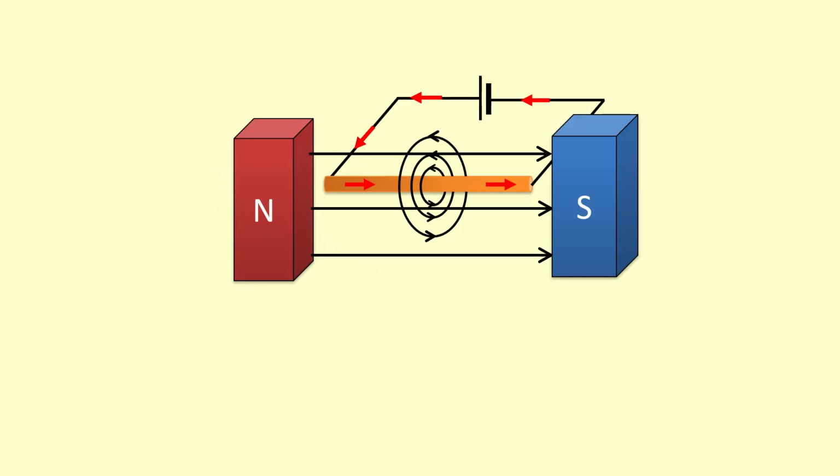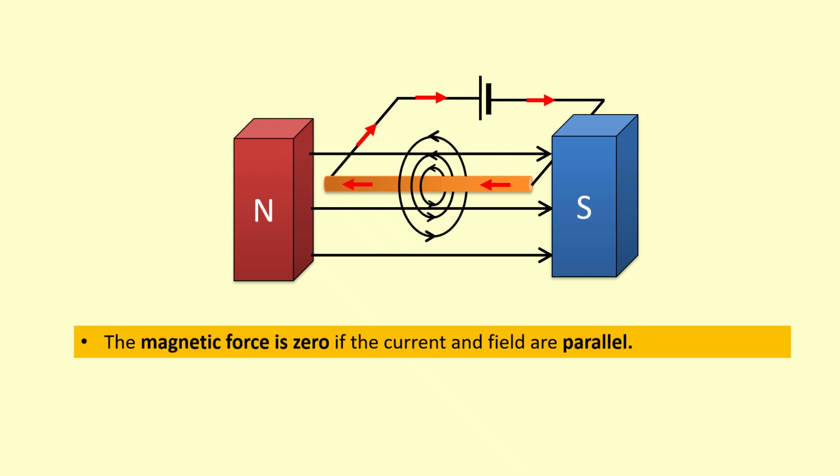Now, this doesn't always happen. If the current and the magnetic field that's already there are in the same direction, so they're parallel, then there won't be any force. Also if they're in opposite directions, if they're anti-parallel, there's no force. So the magnetic force is zero if the current and field are parallel.